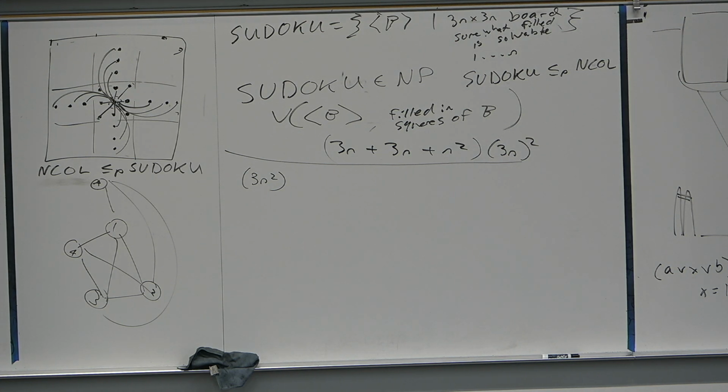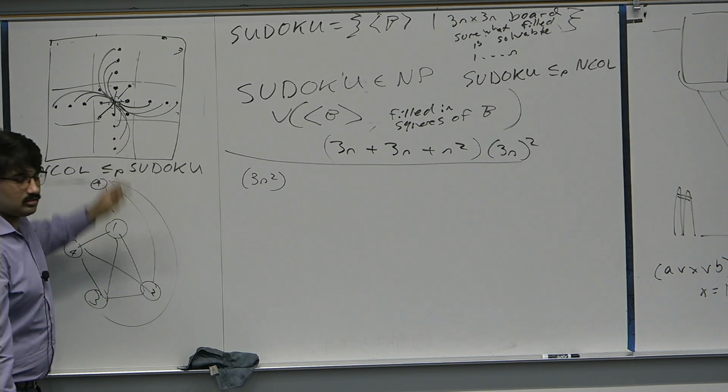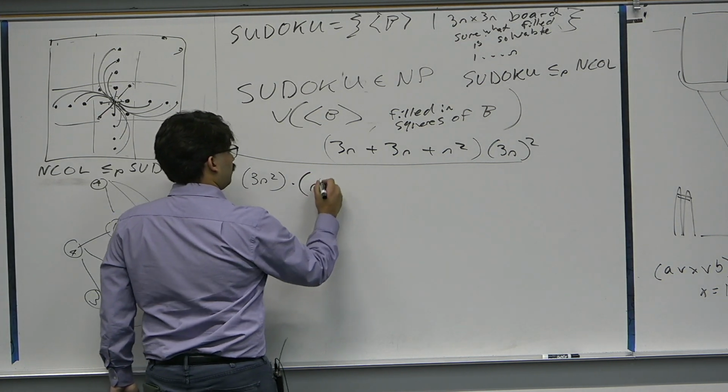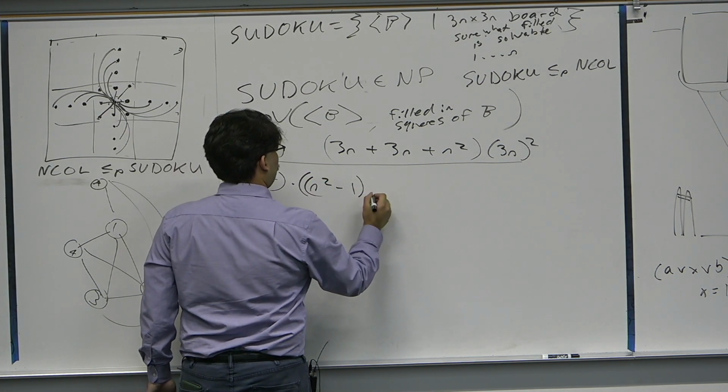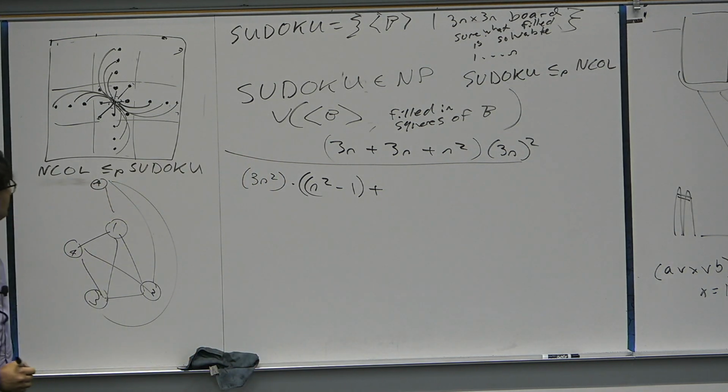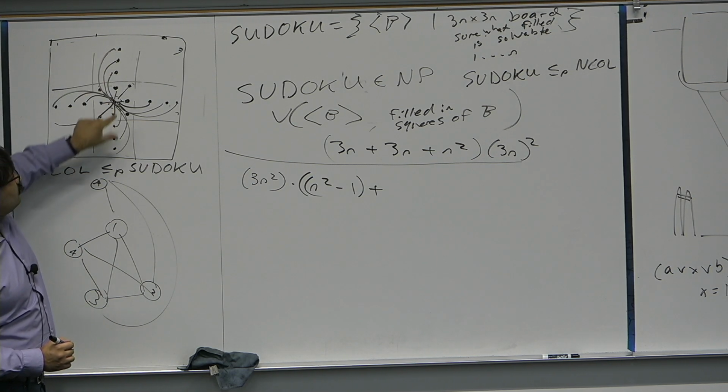How many vertices does every vertex connect to? Suppose in the n case, in the 3n by 3n board, it connects to n squared minus 1. How many are in each row? 2n, 2n.